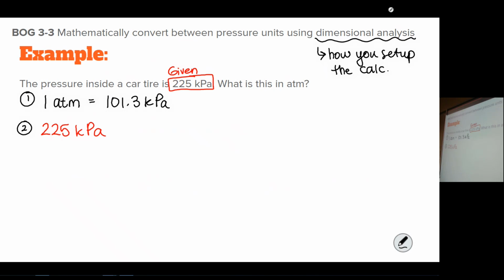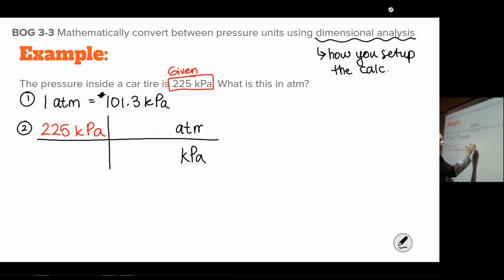So in order to actually cancel out kilopascals, you need to divide by our 101.3, because then my units are going to cancel out accordingly. So when you set this up, my kilopascals will go down here, and I'm trying to get to atmospheres. So what you want to try and convert into is always going to go at the top of your setup.